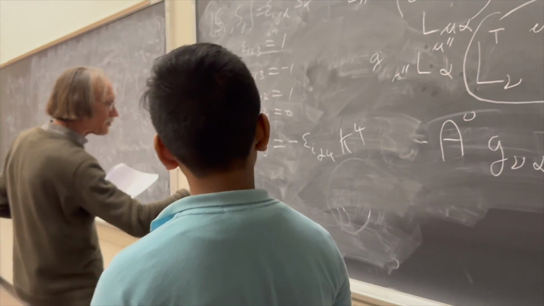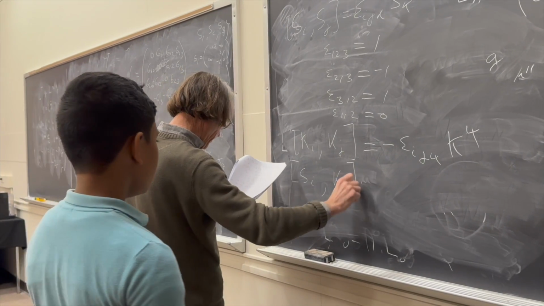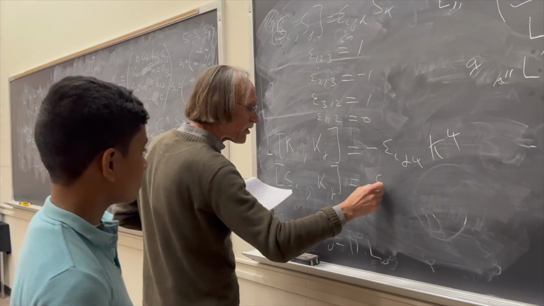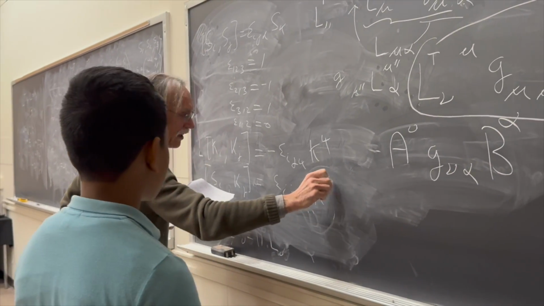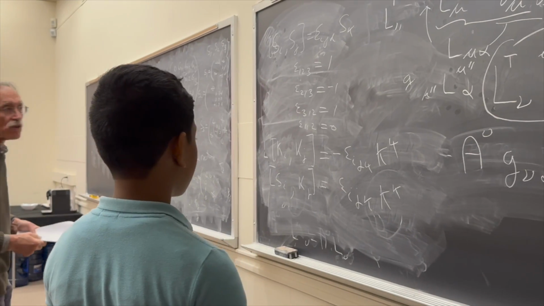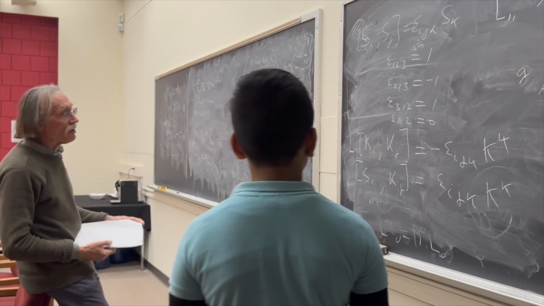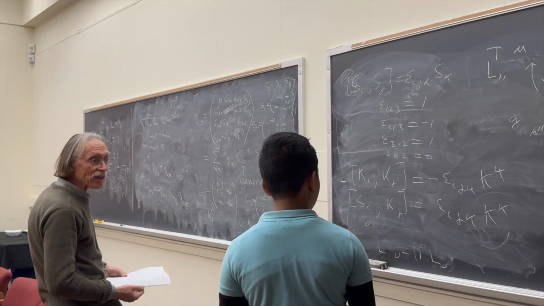And there's also a mixed one, Si, Kj, which is epsilon ijk, and now it becomes Kk. So that's the Lie algebra of the Lorentz group. These are the group properties of the Lorentz group.